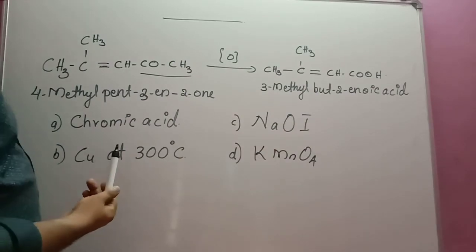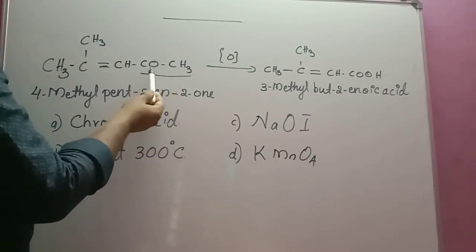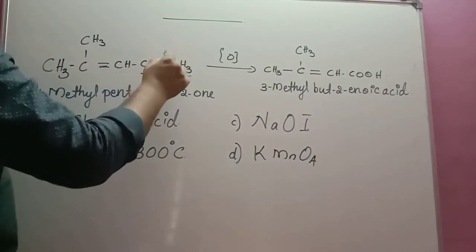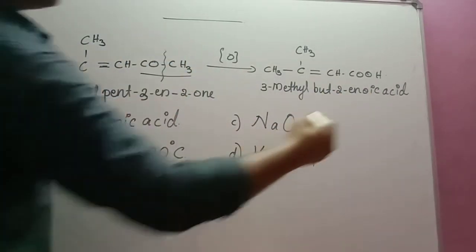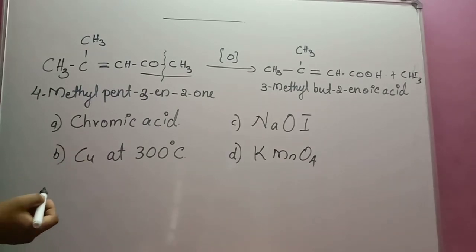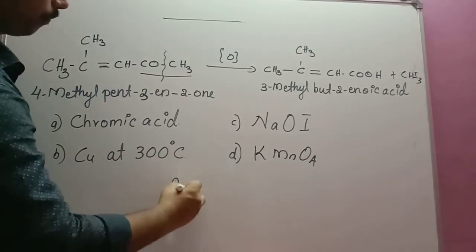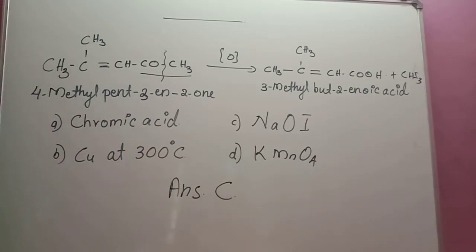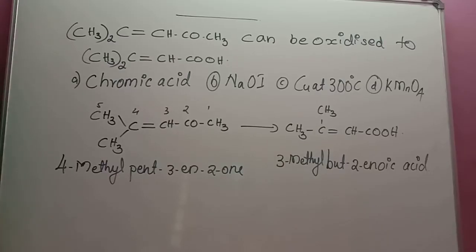That means 1 carbon is removed from this end, and this CO has become COOH. And now you know that when you do the iodoform reaction, this CH3 will become CHI3, and the CO will become COOH. So the correct answer is option C, sodium hypoiodate.